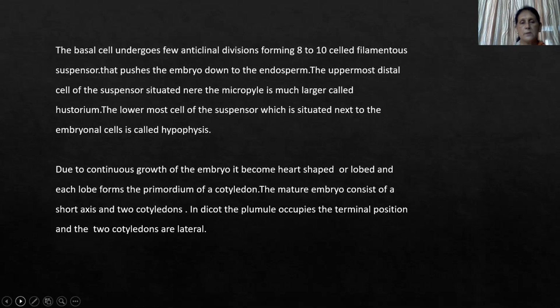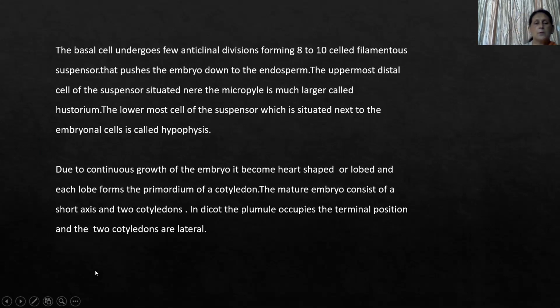The lowermost cell of the suspensor, which is situated near to the embryonal cell, is called hypophysis. That means suspensor has 2 most important roles. One, at the tip or at the opening of the micropyle, it has the largest cell that is called haustorium, and near the embryonal cell, the lowermost suspensor cell is called hypophysis.